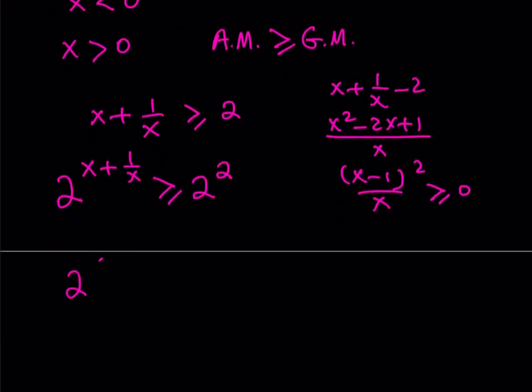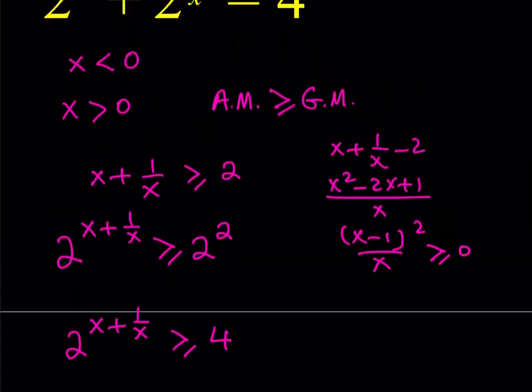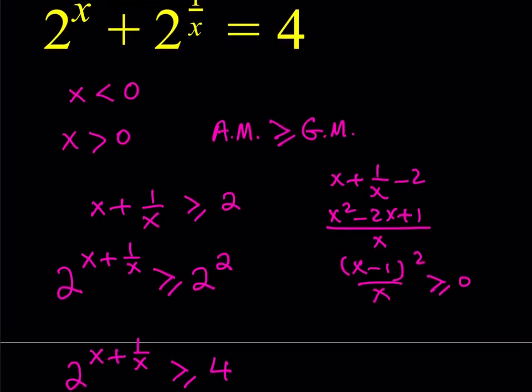So this basically tells me that 2 to the power x plus 1 over x is going to be greater than or equal to 4 all the time if x is positive. Cool. Now, what does this have to do with our expression? Our expression involves the sum of two terms, and that happens to equal 4. Isn't that interesting? So we're kind of getting the same thing from here.